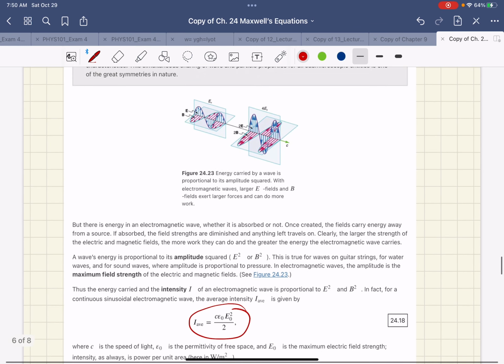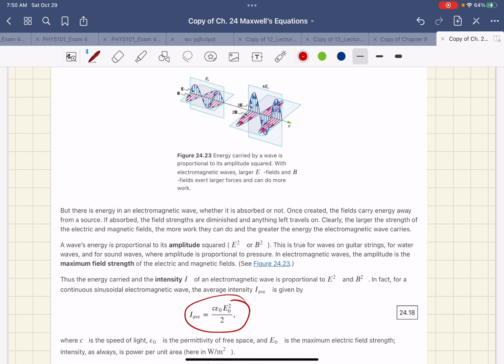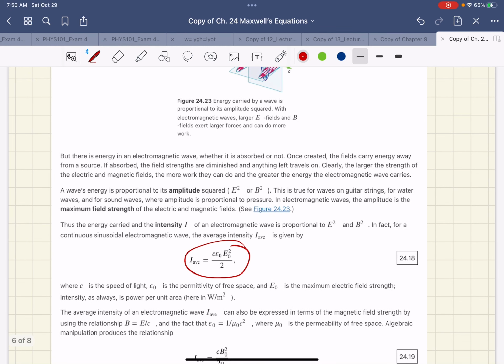Here, just to show you that the wave energy is proportional to the amplitude squared, if it is electric or magnetic, the average intensity can be written as C epsilon 0 E0 squared divided by 2, where C is the speed of light, epsilon 0 is the permittivity of free space, and E0 is the maximum electric field strength.